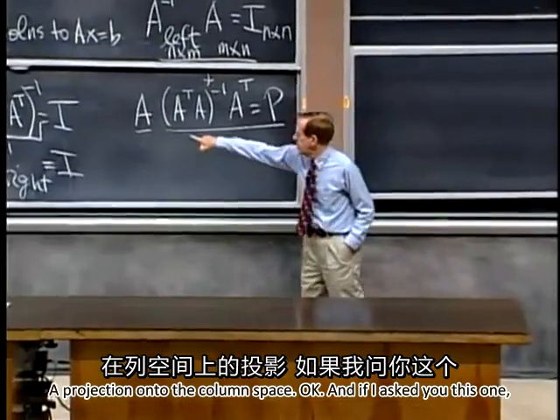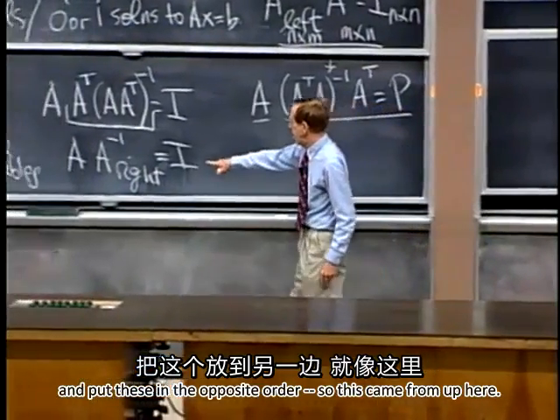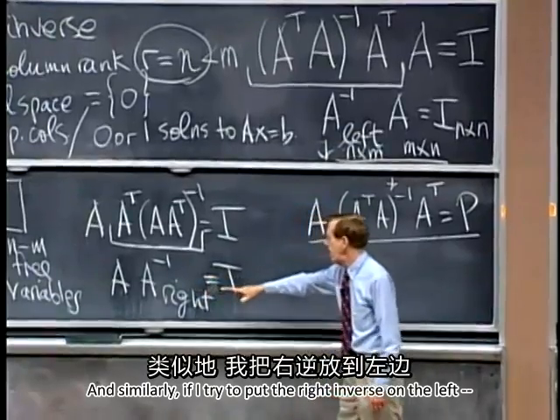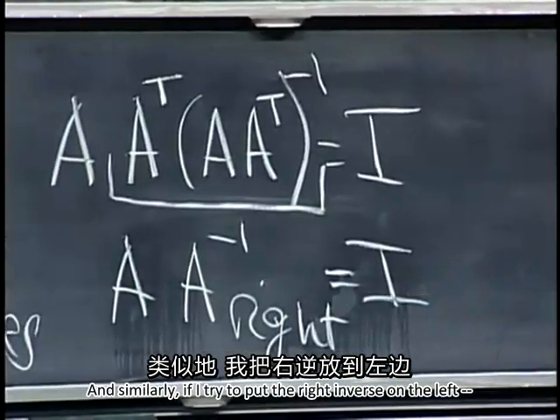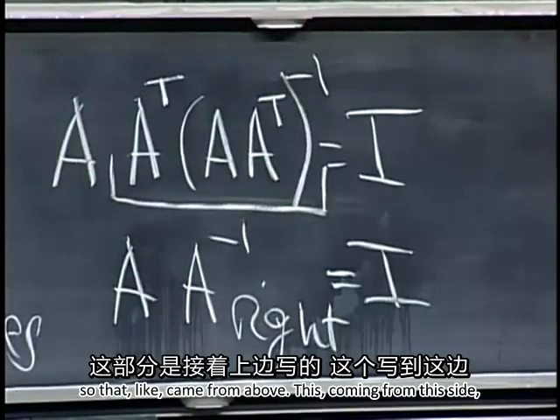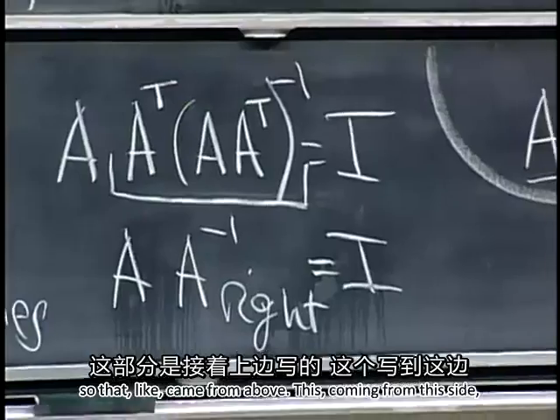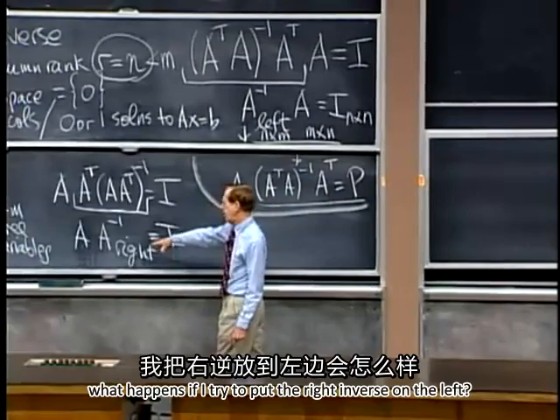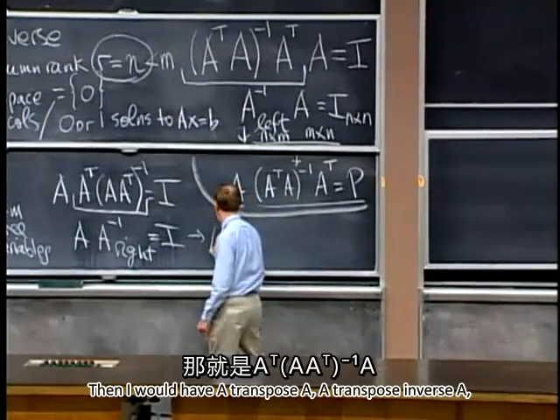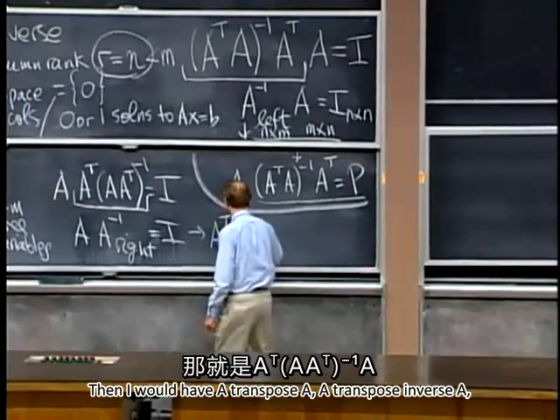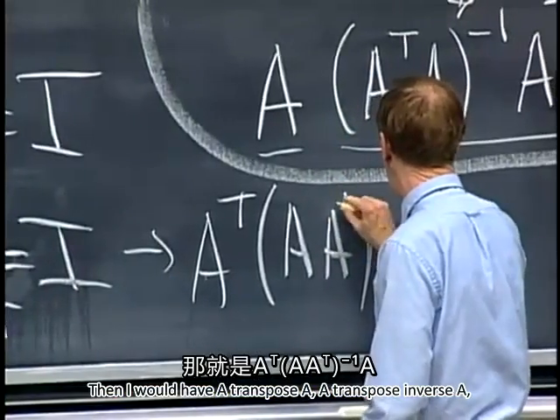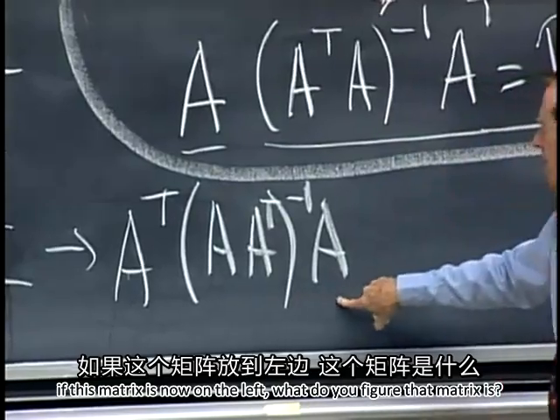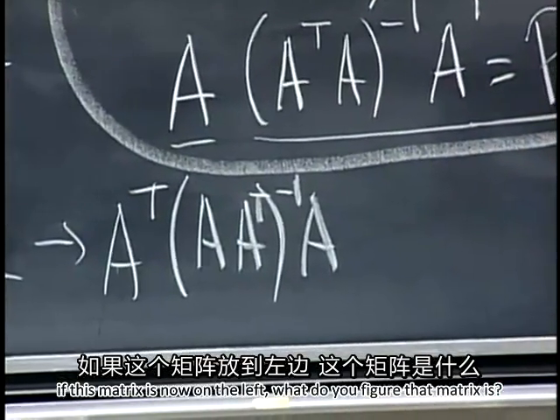Okay, and if I asked you this one and put these in the opposite order, so this came from up here. And similarly, if I tried to put the right inverse on the left, so that came from above, what happens? Then I would have A transpose inverse A. If this matrix is now on the left, what do you figure that matrix is?